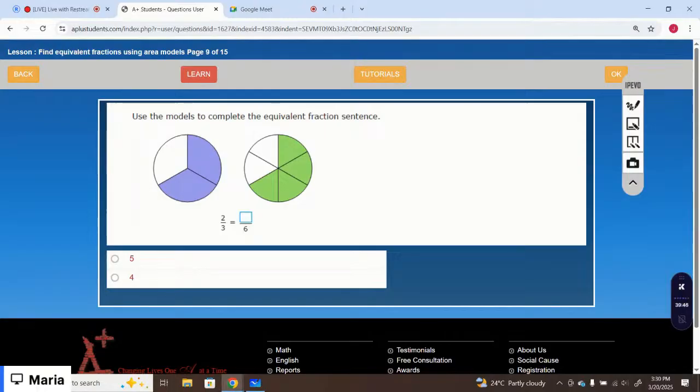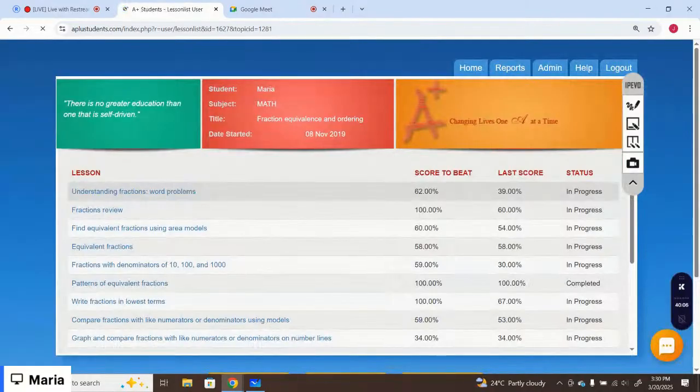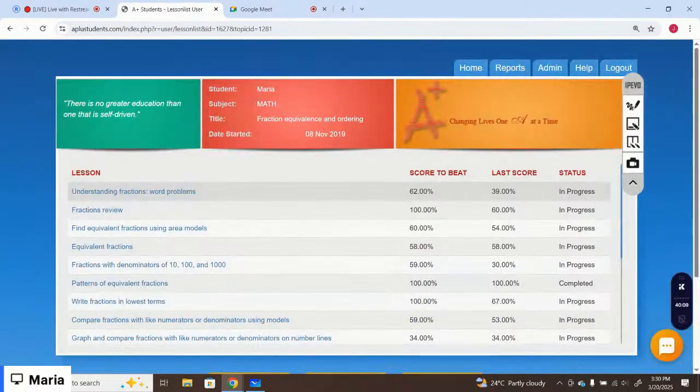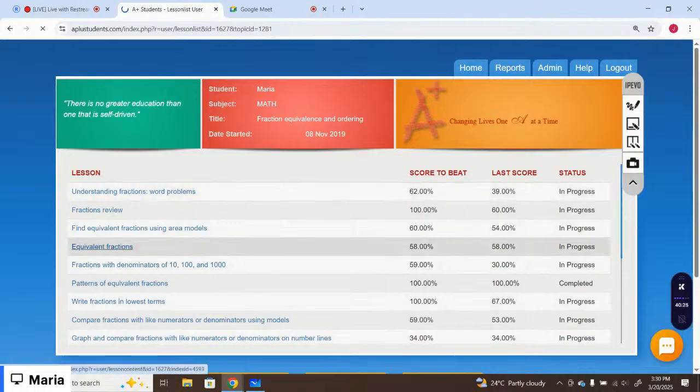Okay, you can complete the lesson by yourself later today. Let me just move on to the next lesson. Equivalent fractions. Let's just start with the next lesson.